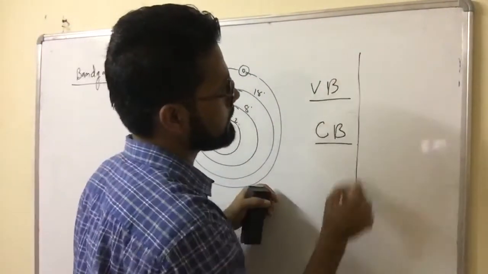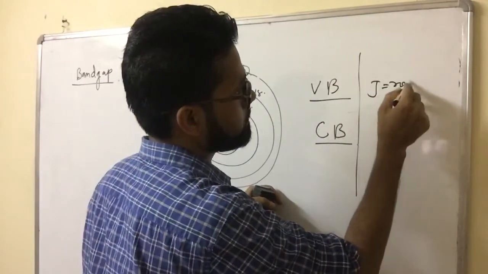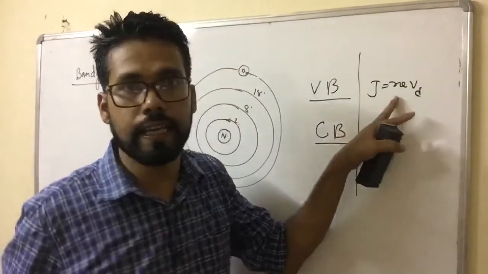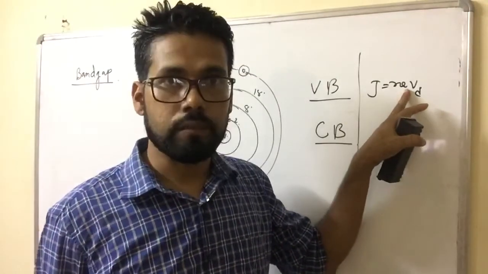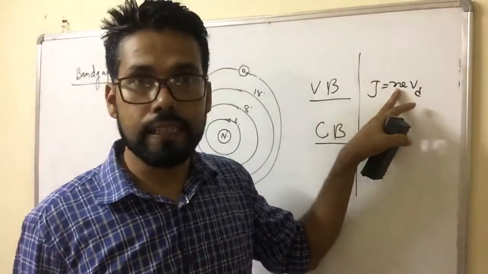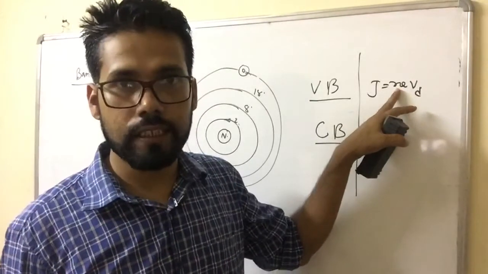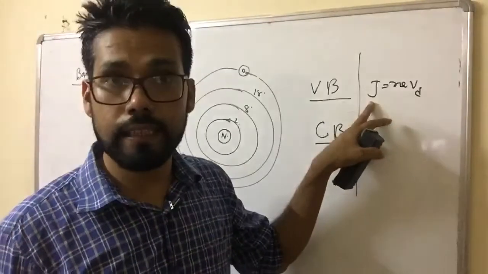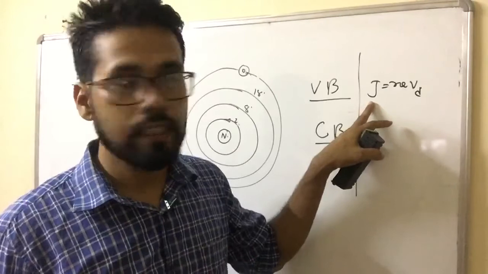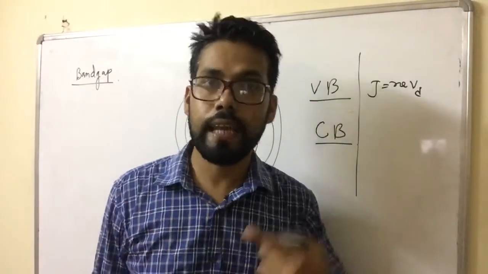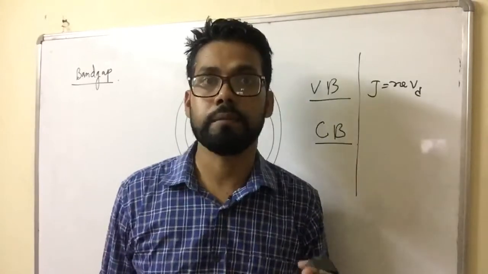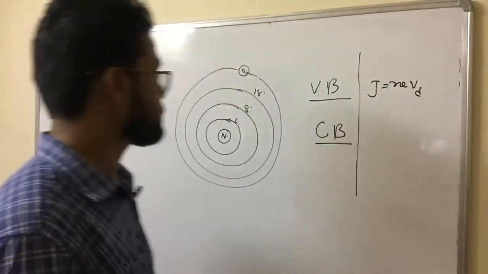You have already studied J = nevd, where vd is the drift velocity, n is the concentration of electrons, and e is the charge of the electron. When n, the free electron concentration, is very large, the current density J usually increases. So we are focusing on how many electrons are available, so that we can analyze the electrical behavior. That is what I am going to study.